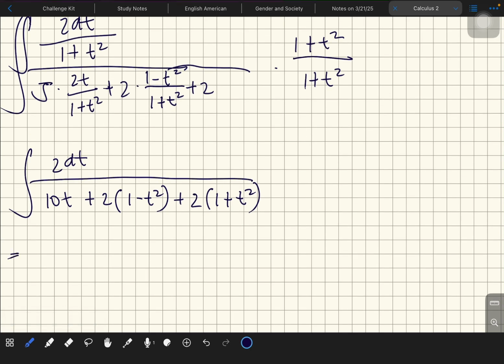So take the constant out of the integral: 2 times the integral of dt over 10t.